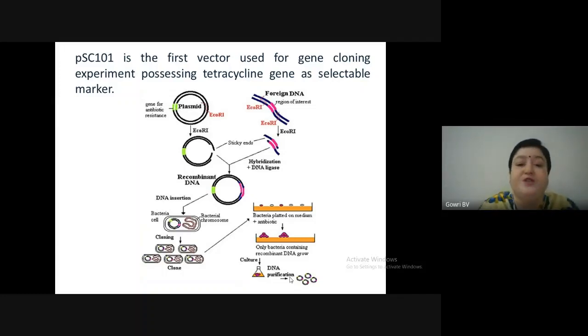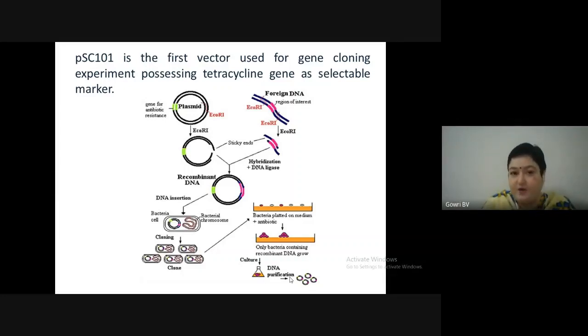Now the next procedure is you have to identify this clone. So what you will do is you will take a bacterial plate that is incorporated with antibiotics. So the medium is incorporated with antibiotic. For example, if you're going to screen the organism containing pSC101, you will have a culture medium in which tetracycline is incorporated.